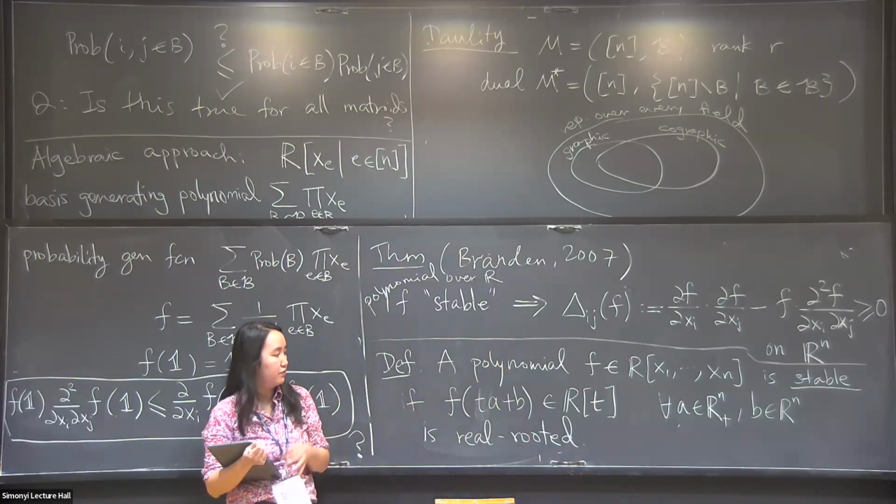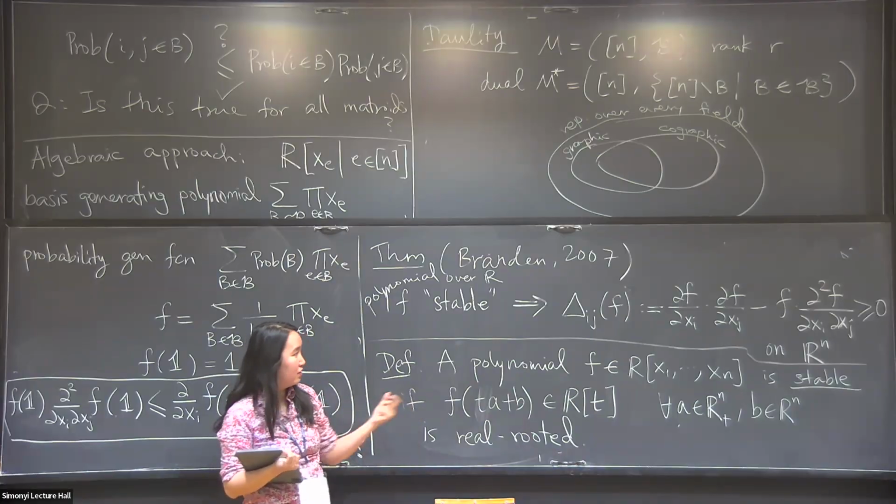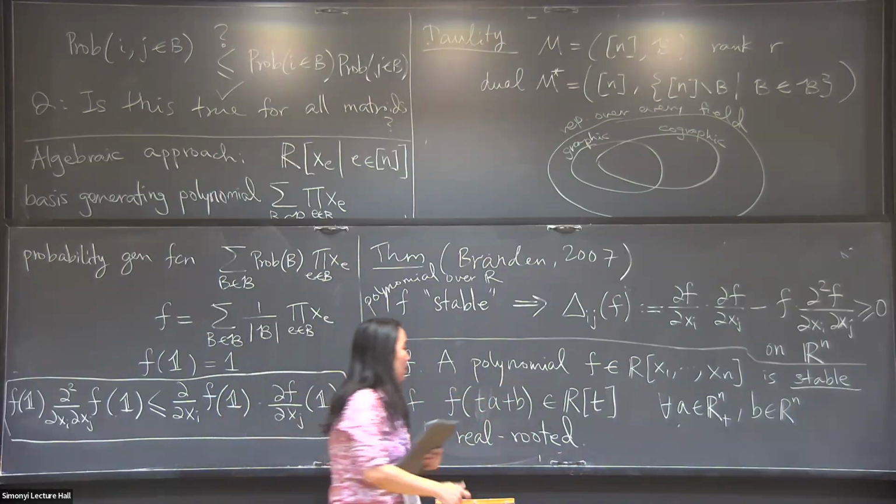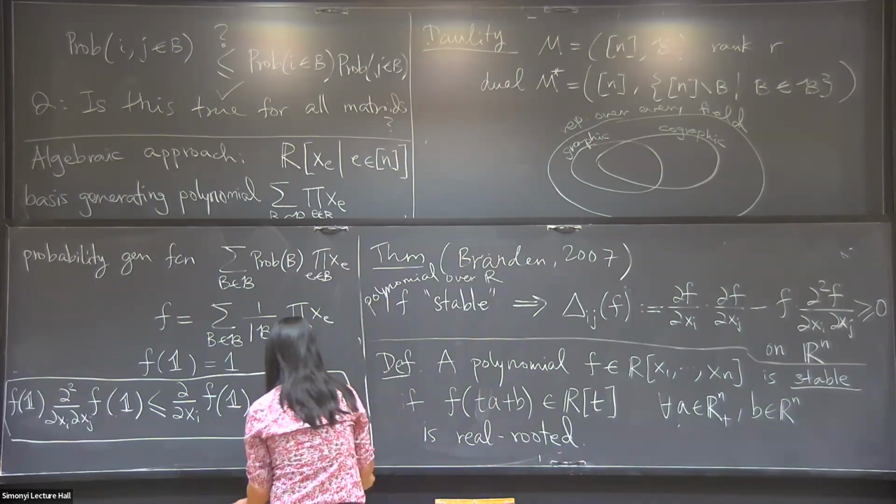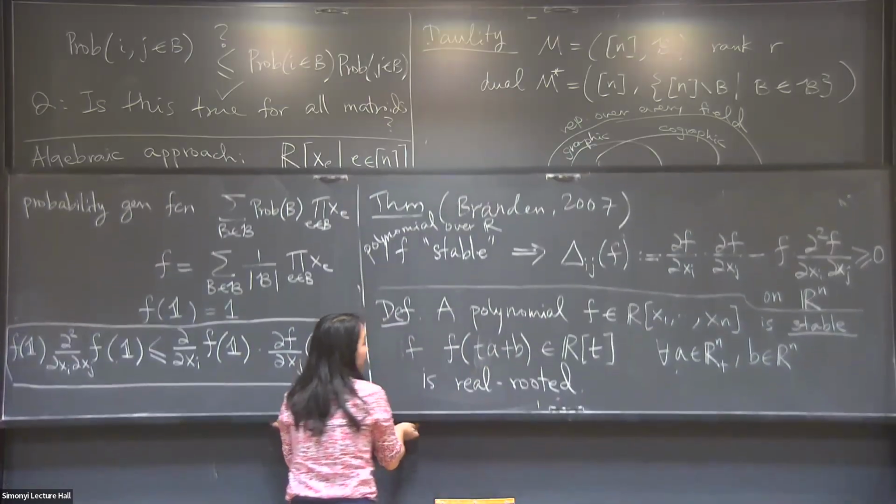Okay, so let's unravel a little bit. Geometrically, what is happening? If I look at a polynomial, I can think of its vanishing locus.